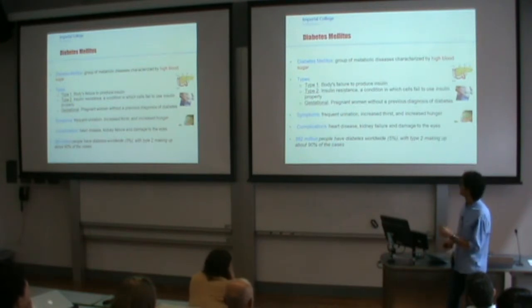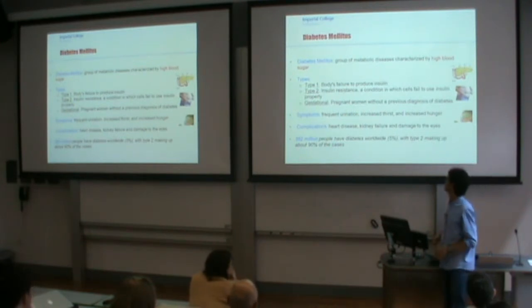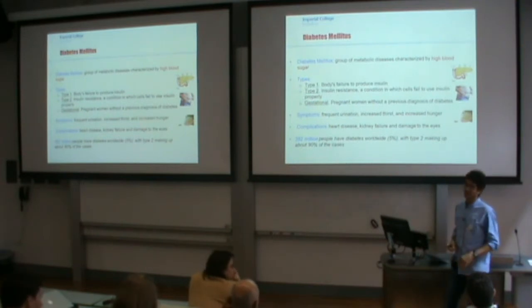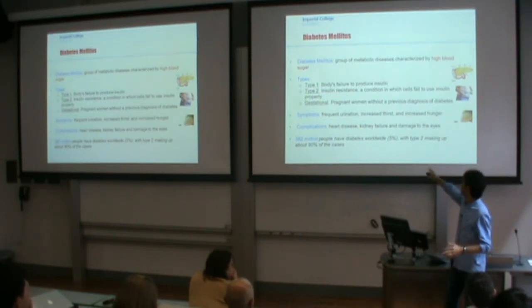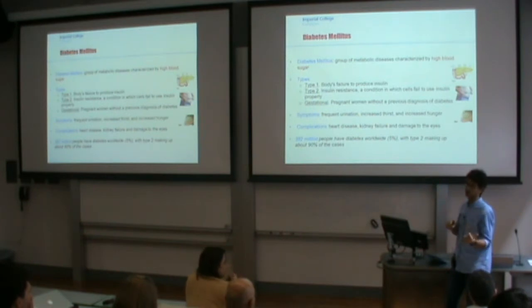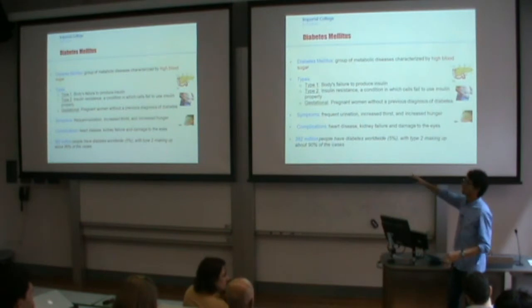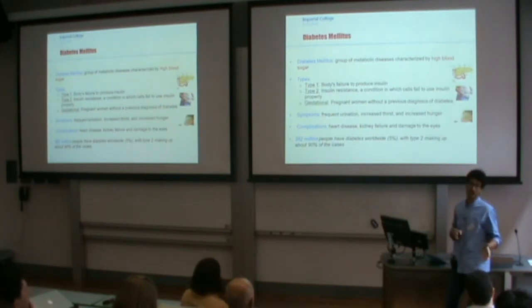Just some numbers: 382 million people in the world have diabetes, and it's increasing a lot, so it's really an epidemic. 5% of the population, so it's massive. The US, and now China, is also becoming a big problem. And 90% of them are type 2, so it's related to lifestyle.